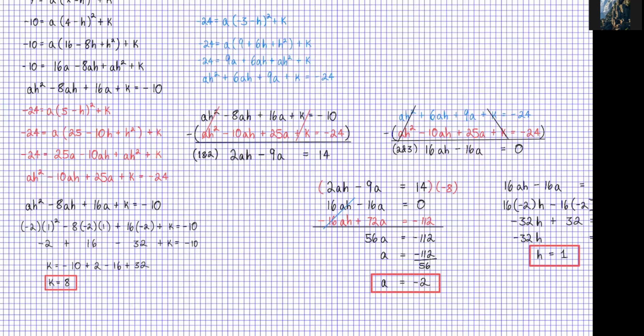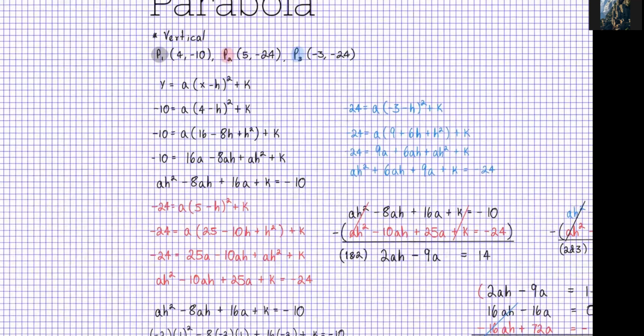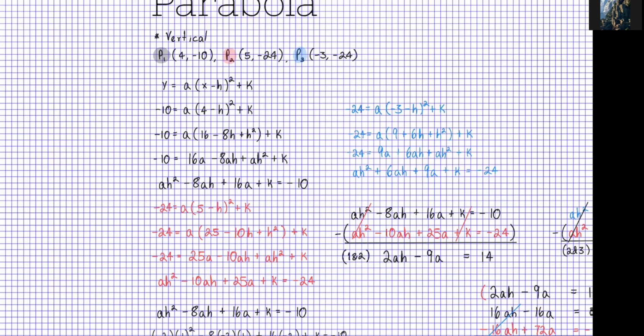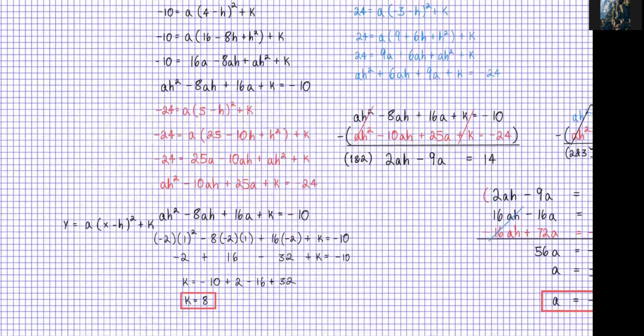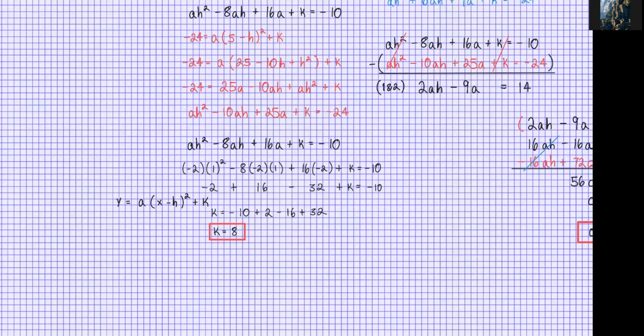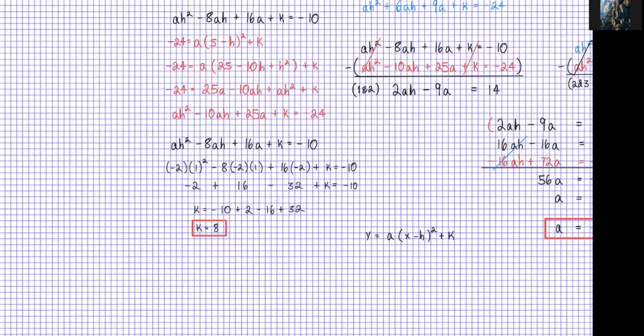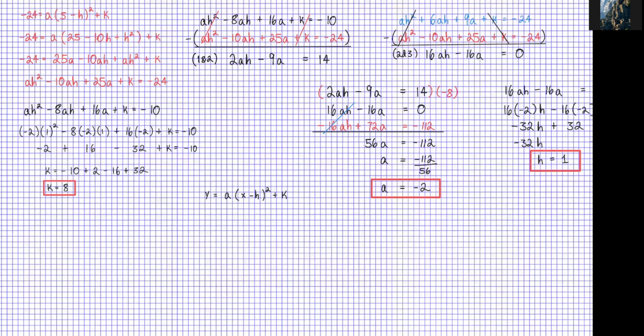So if you remember, we said that the vertical parabola will have to have this equation. And right now I have the value for a, h, and k. So it's just a matter of substituting the values into this equation, and we will be done. Right here.